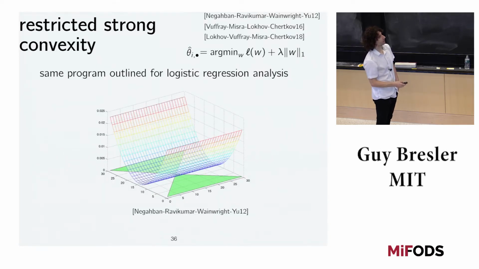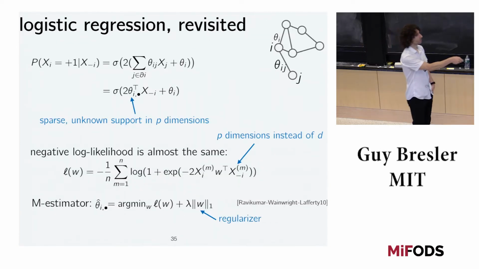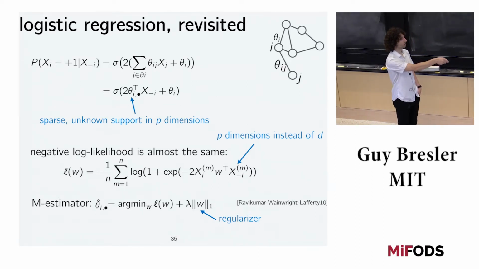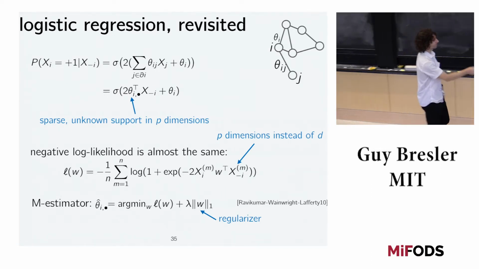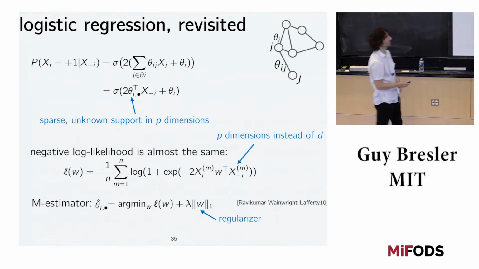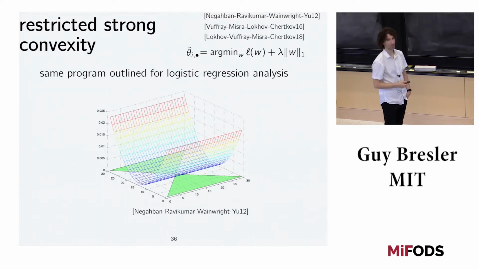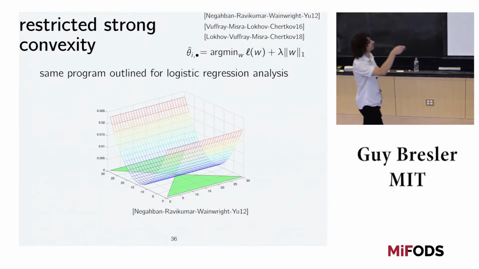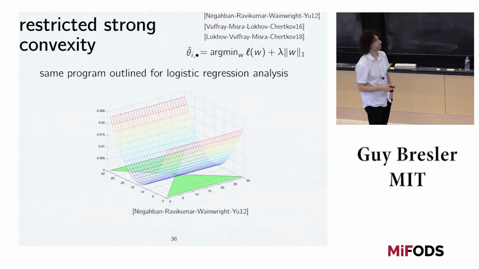Now, when is this estimator, the best choice W here, going to actually be close to the true parameter? When is theta hat going to be close to theta? Well, there's a theory that tells you when that is the case. The general theory is called restricted strong convexity.